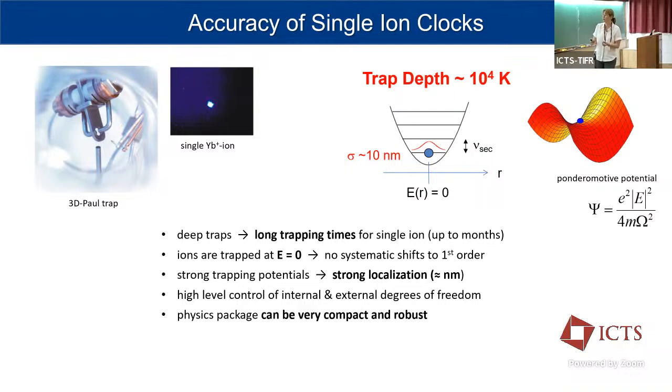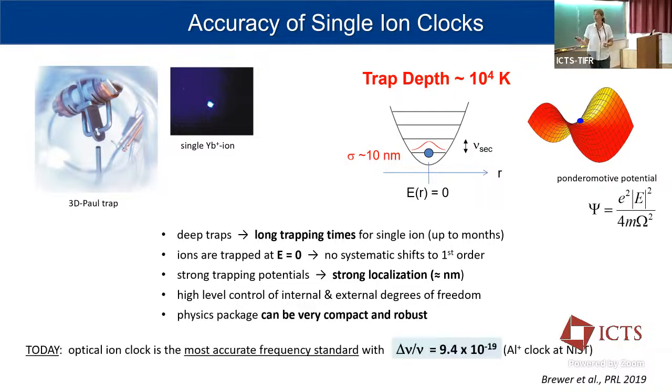And that's why these trapped ions at the moment still have the world record in accuracy. So the best frequency standard is at 9.4 × 10⁻¹⁹. That's the aluminum clock at NIST, because you can manipulate this ion so well. And needless to say, since it's almost mechanically trapped by such an ion trap, you can make it very compact and robust. So these are also very good candidates for very compact portable clocks.